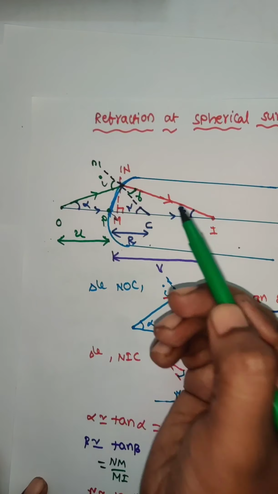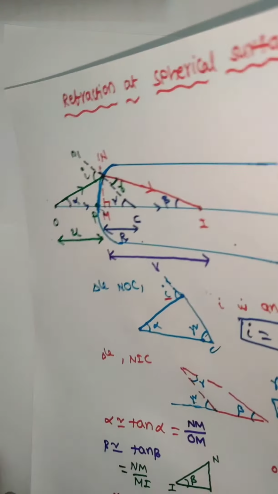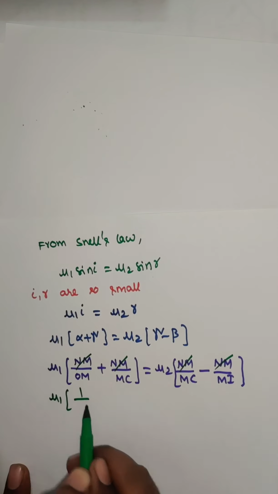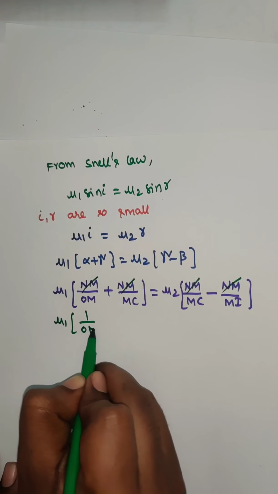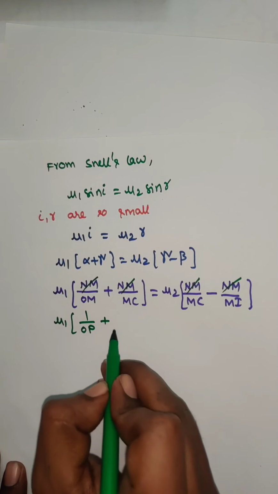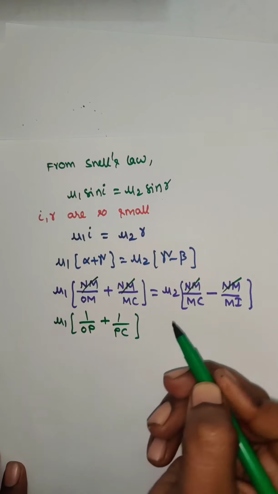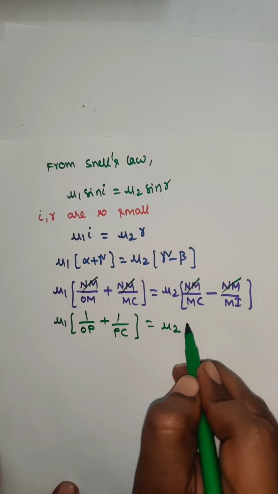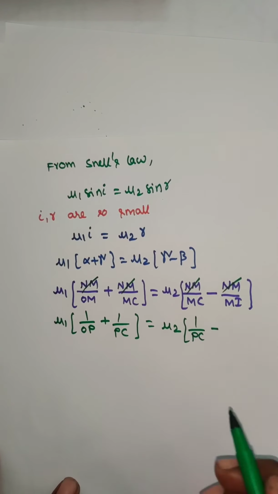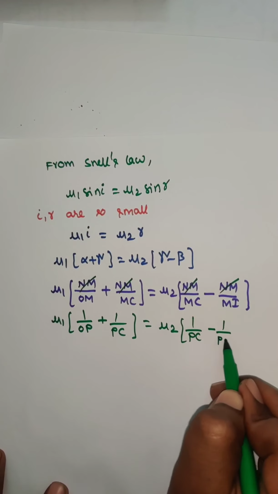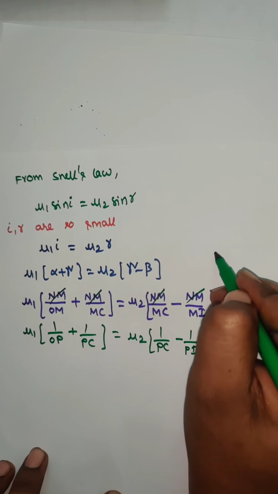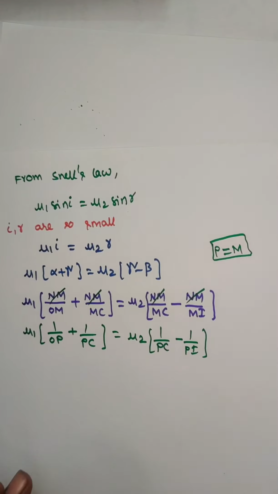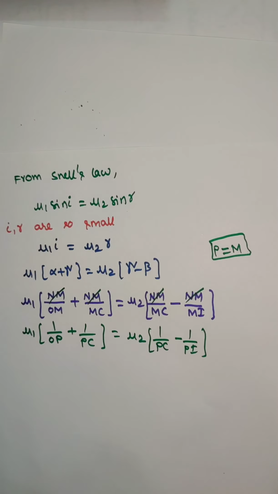The distance is so small, so in the place of M I am going to write P. mu1 into 1 by OP plus 1 by PC is equal to mu2 into 1 by PC minus 1 by PI. P is equal to M point. Then here we should apply sign convention.